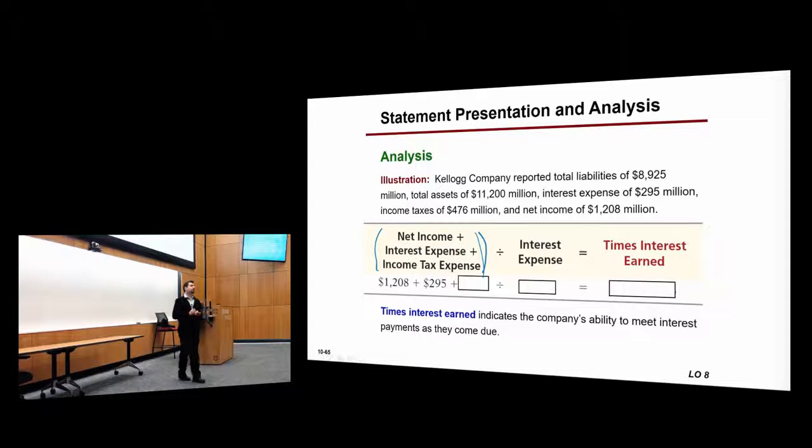You divide that by interest expense. In this case, it will tell you how many times the company can pay their interest. So in this case, it's 6.71 times. And the higher the number, the higher the ability of the company to pay interest. So if you are going to invest in the company's bonds, you would like to know that the company can continue to pay their interest.